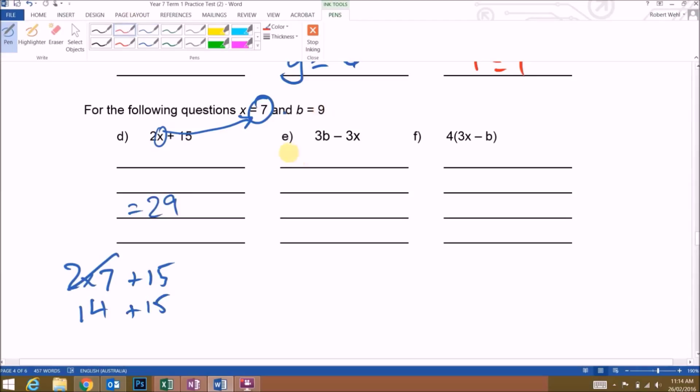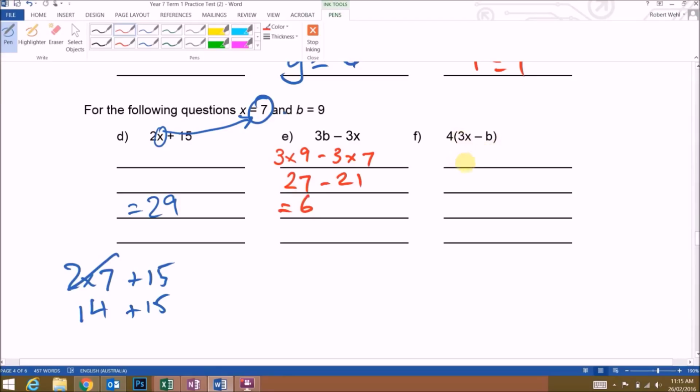So b equals 9, 3 times 9, take away 3 times 7, 3 9s 27, 3 7s 21, and that leaves us with 6.